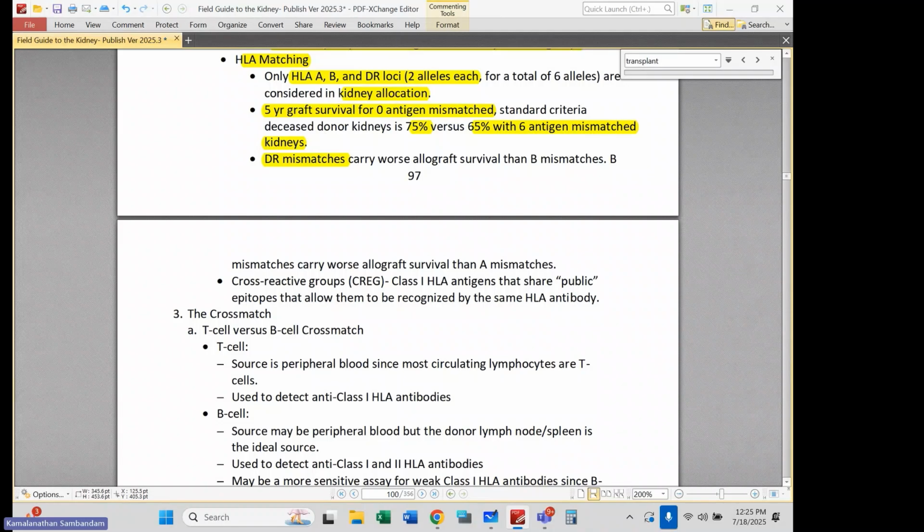There are other things to be aware of. When you mismatch at DR, those have detectably worse allograft survival. When you mismatch at B, those also have detectably worse allograft survival. And so these are relevant for our point system, okay?